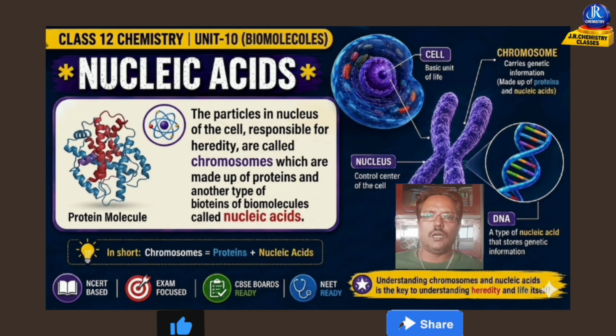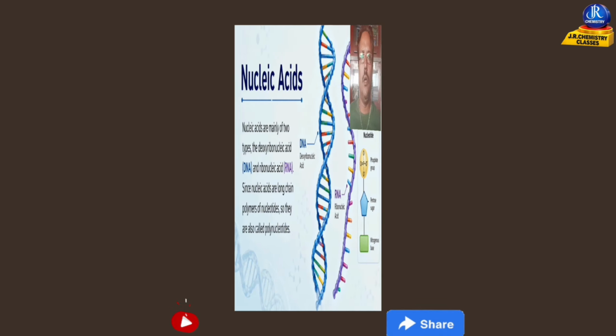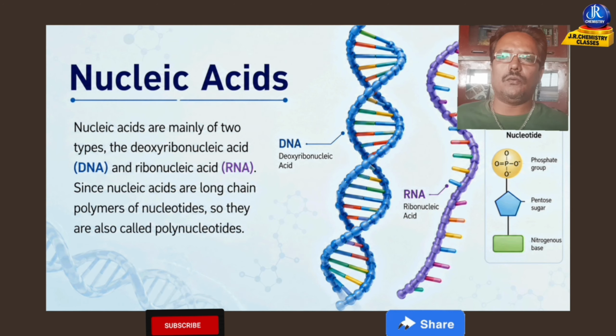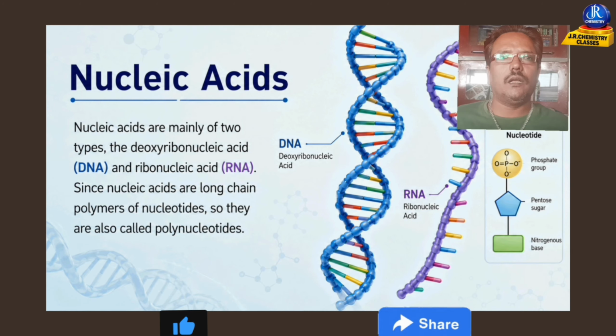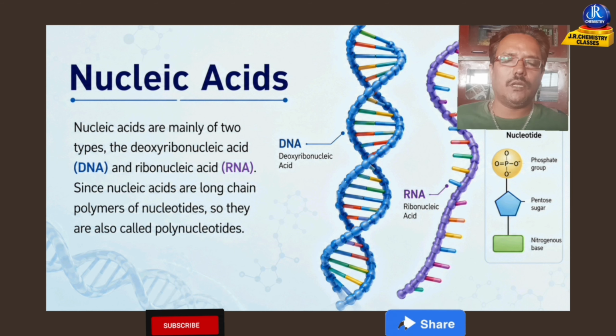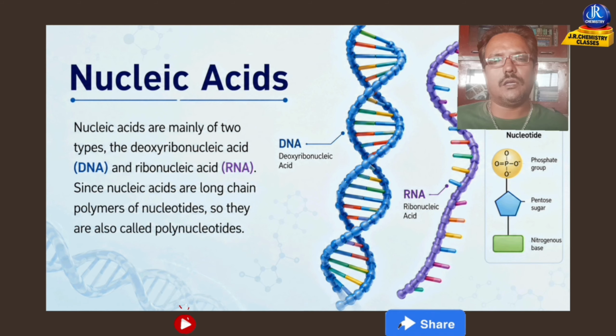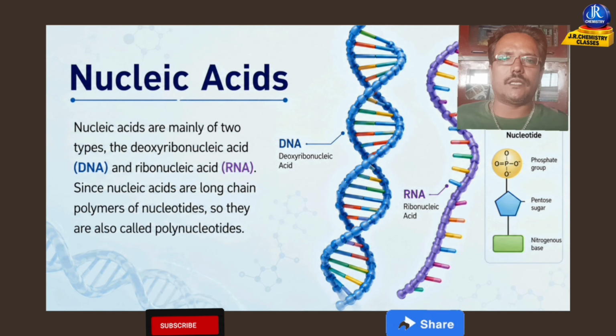biomolecules called nucleic acids. Nucleic acids are mainly of two types: the deoxyribonucleic acid, in short DNA, and ribonucleic acid, in short RNA. Since nucleic acids are long chain polymers of nucleotides, they are also called polynucleotides.